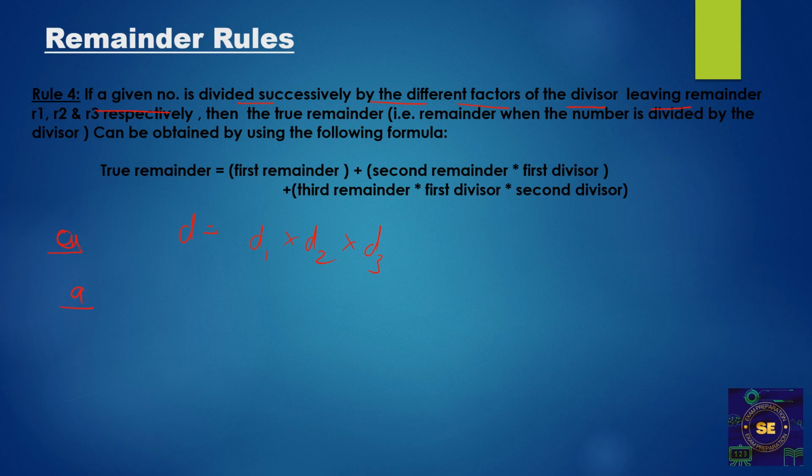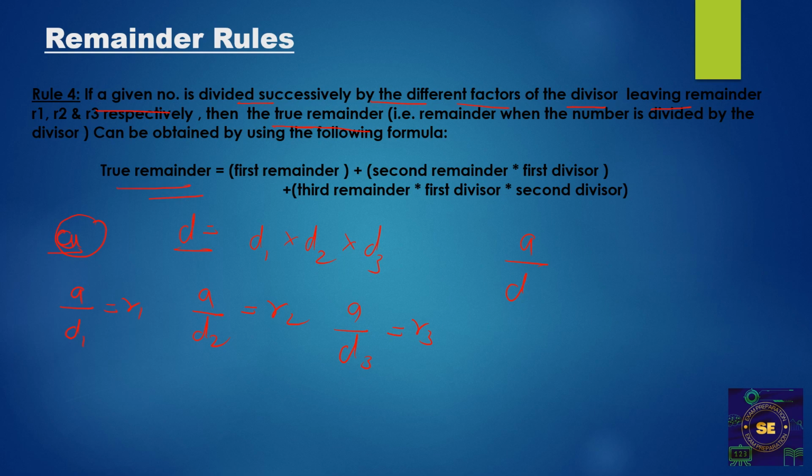So if A is divided by D1, it leaves remainder R1; A divided by D2 leaves remainder R2; and A divided by D3 leaves remainder R3. What will be the true remainder when A is divided by the divisor D, not by its factors?